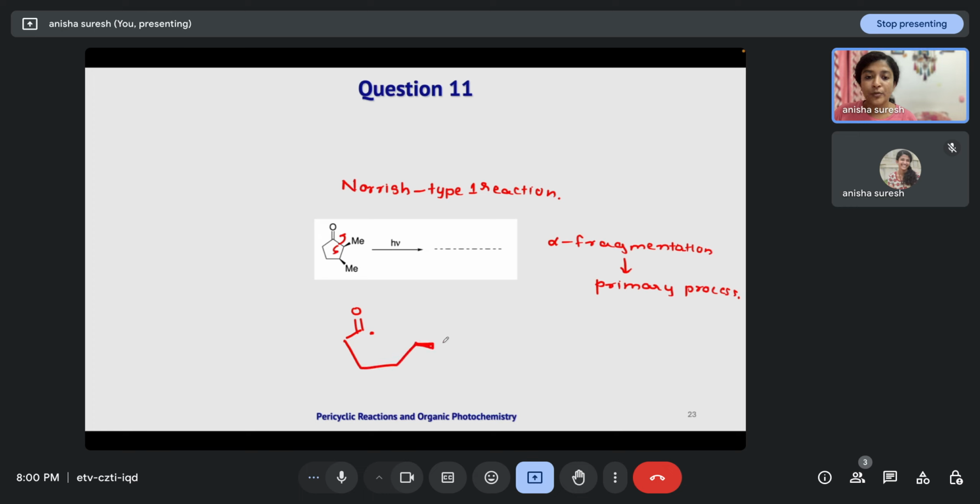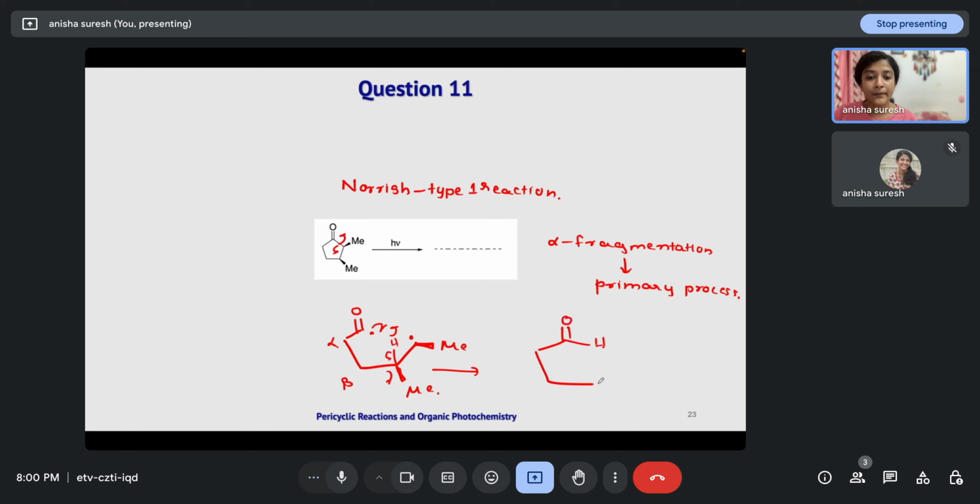So it will lead to formation of, okay, then alpha beta gamma. Here the gamma hydrogen will be abstracted by the carbonyl radical, leading to formation of another radical which will recombine with this already present radical, leading to formation of the double bond.